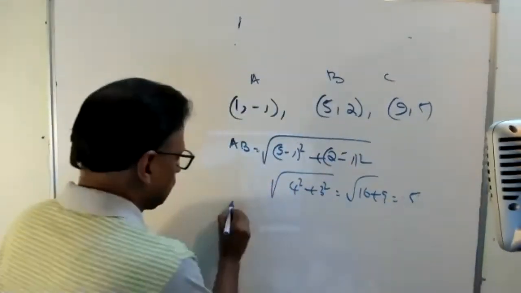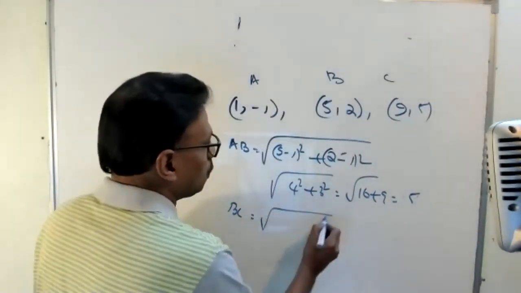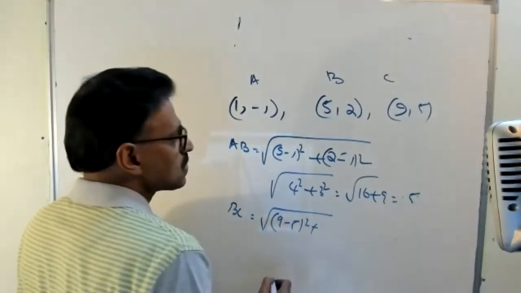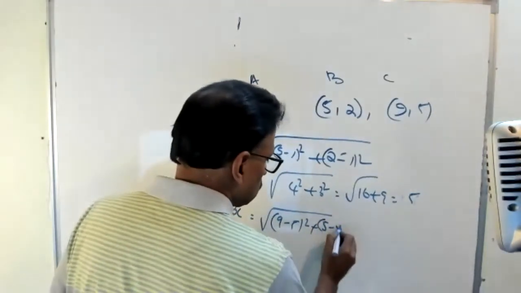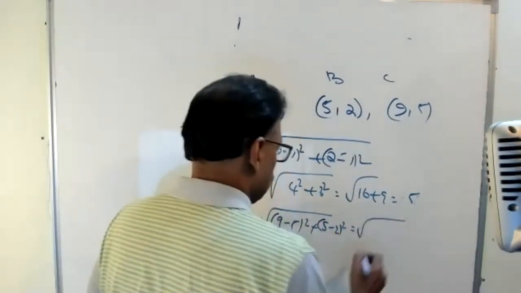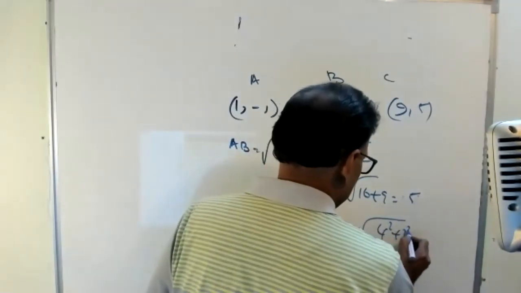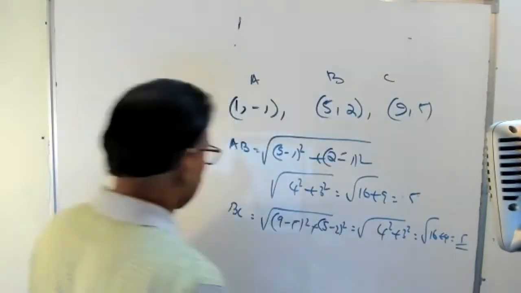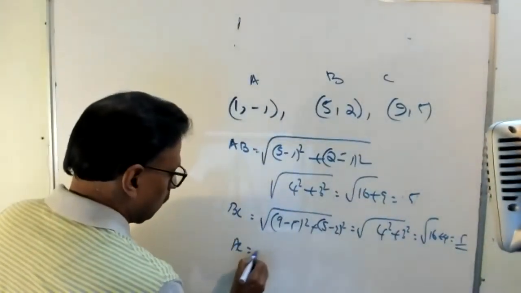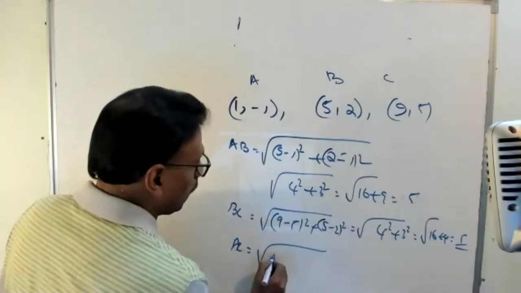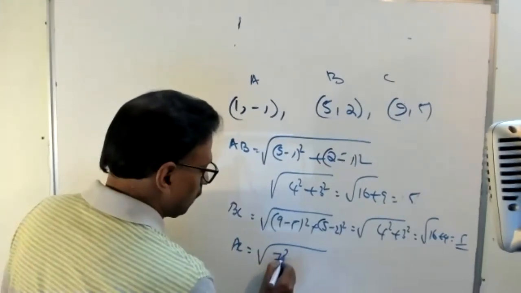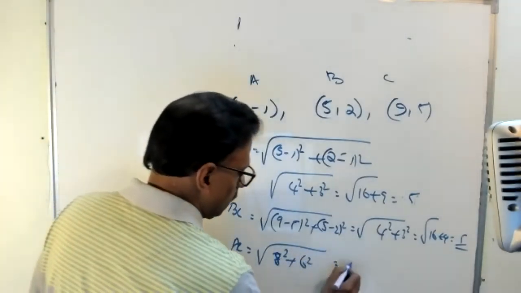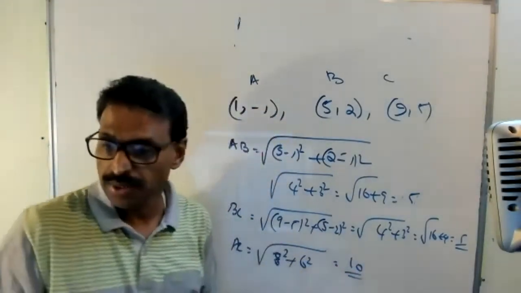Okay, BC is root of (9 minus 5) whole square plus (5 minus 2) whole square, root of 4 square plus 3 square, 16 plus 9, again 5. Okay, AC is root of (9 minus 1) square, 8 square, plus (5 minus 1) square, that is 10.